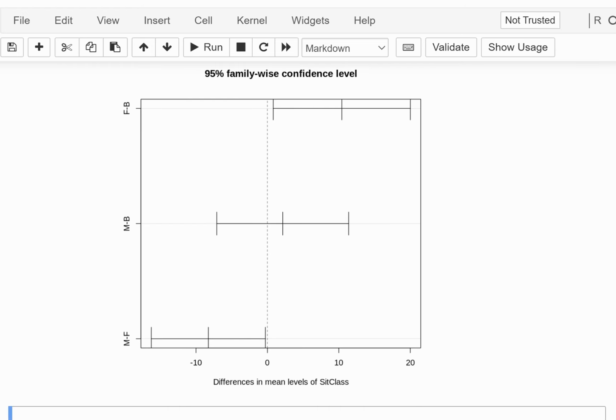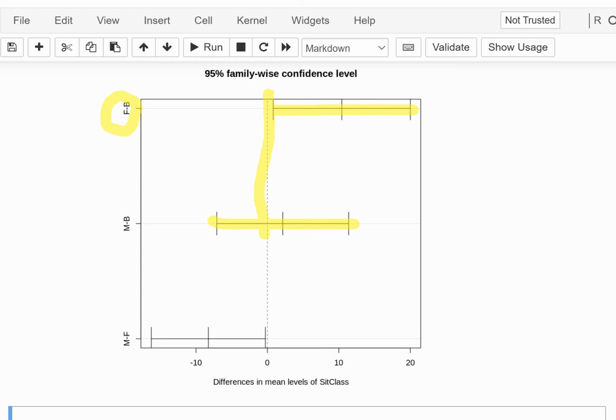So this is great. Notice that I have the interval here. It's showing me, and here's 0. So what it's saying is if I subtract the average of the front perfectionism scores minus the back perfectionism scores, 0 is not in the interval, right? Well, the interval is where the difference might be. And if that interval doesn't include 0, that means the difference can't be 0. Well, if the difference is not 0, they're not equal, right? The difference is only 0 when the two groups have the same mean.